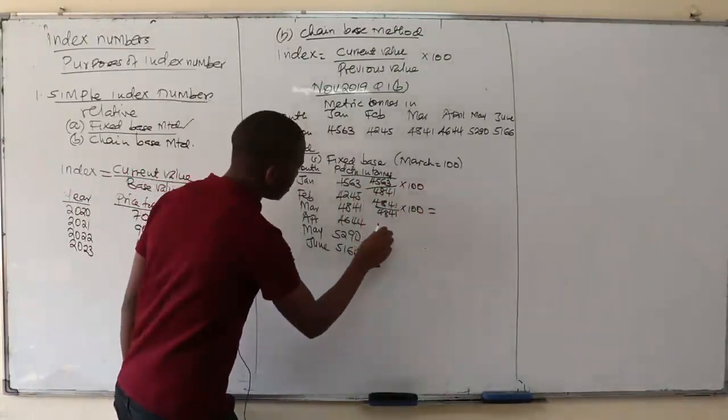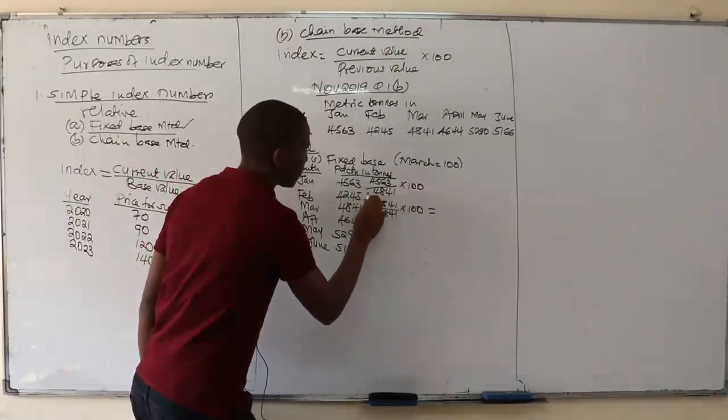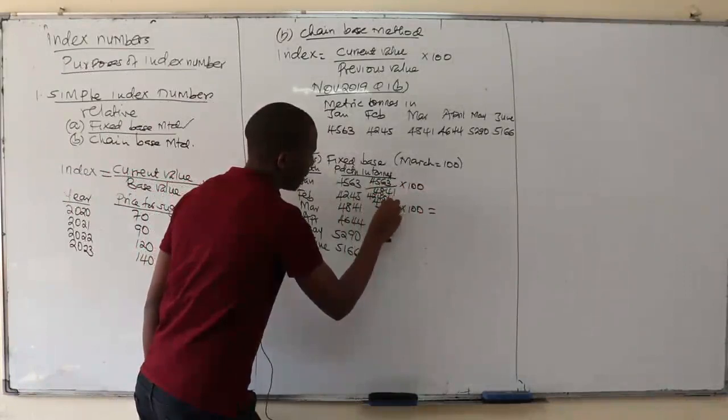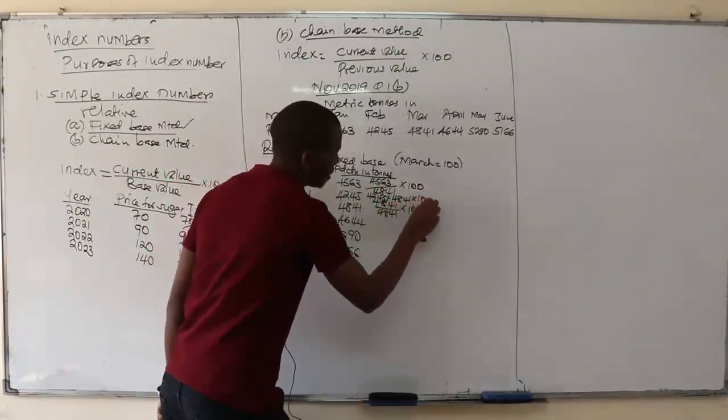This one is year 2, which will also be what? 4245, you divide by 4841, you multiply by 100.